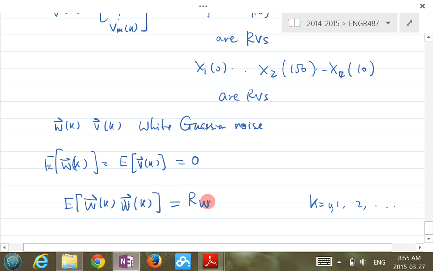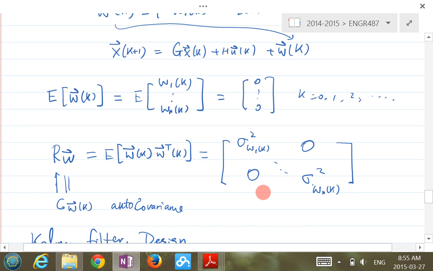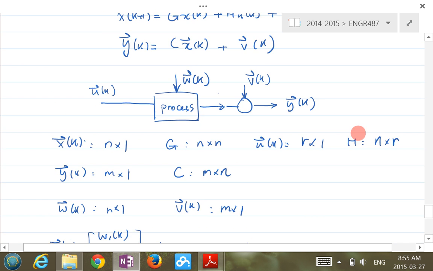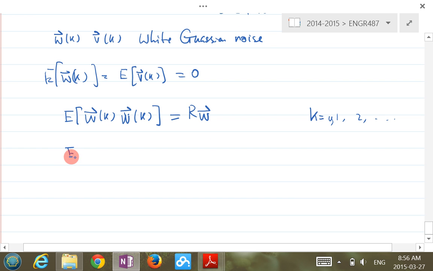It's the RW, the correlation matrix, which is this. You get essentially a diagonal matrix. It's actually positive definite because the elements on the diagonal are all positive.